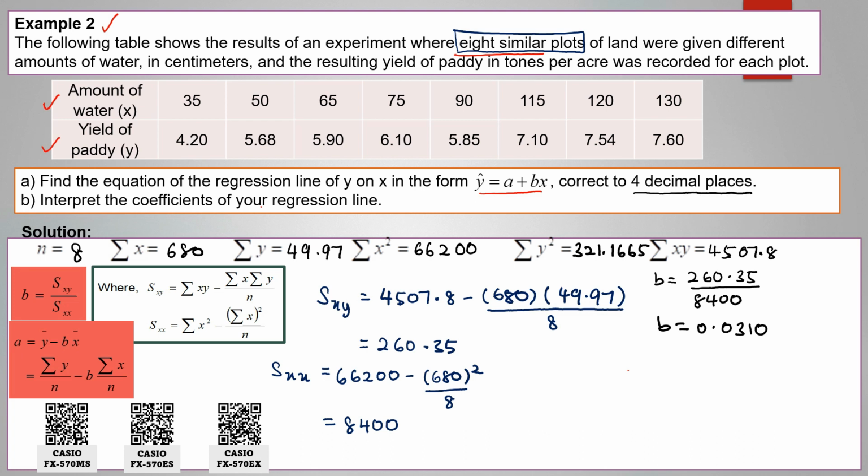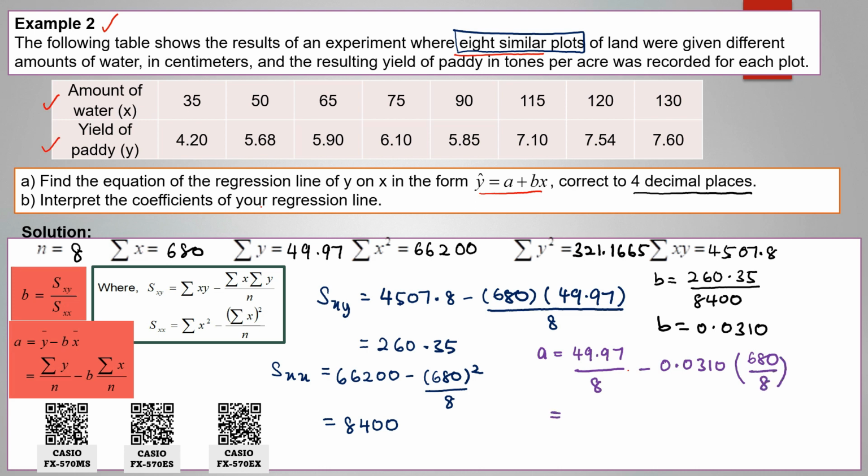Next, after that, we need to find the value of A. The value of A would be equal to 49.97 divided by 8 minus 0.0310 times 680 divided by 8.